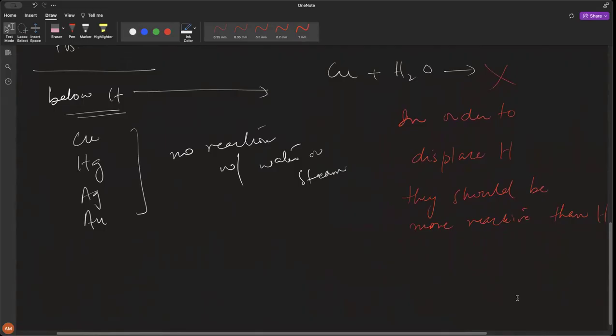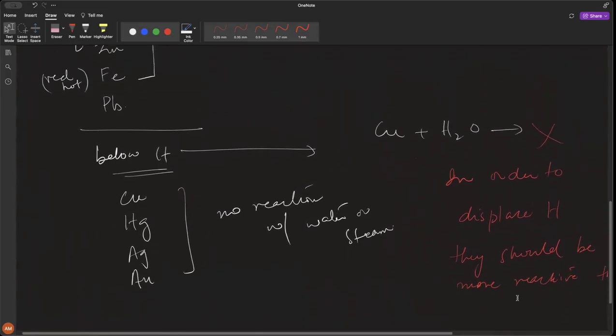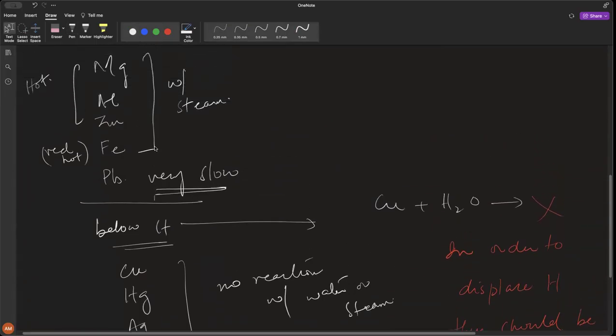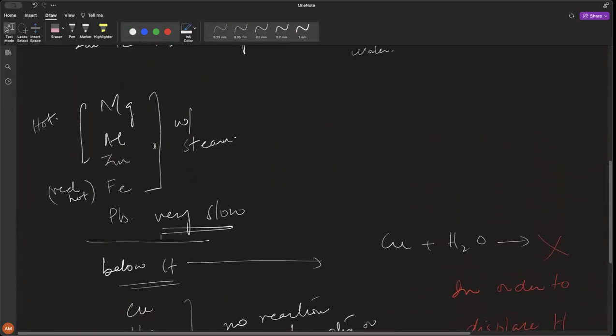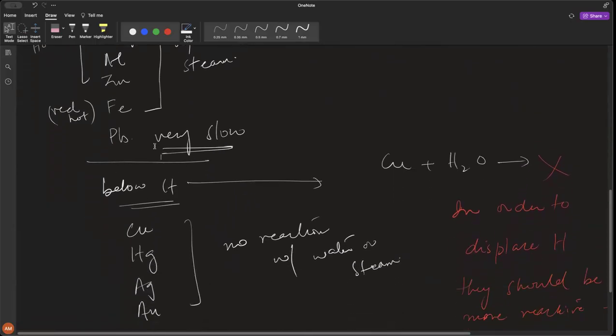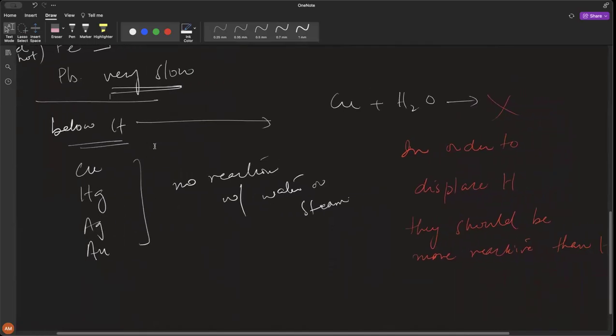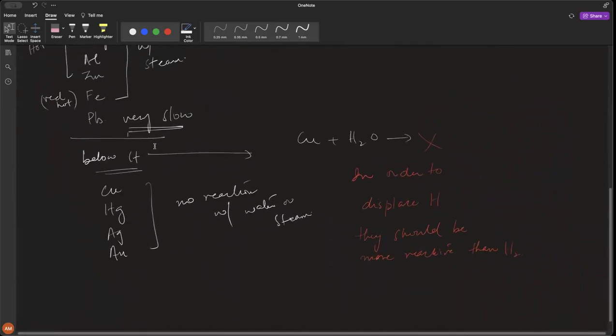Yes. As for lead, it is very slow. The reaction with the steam is very slow, very slow. You get it?